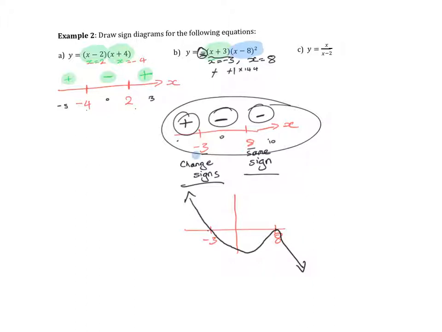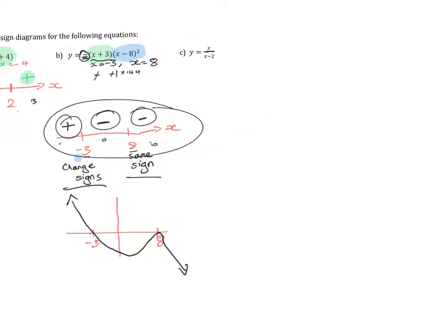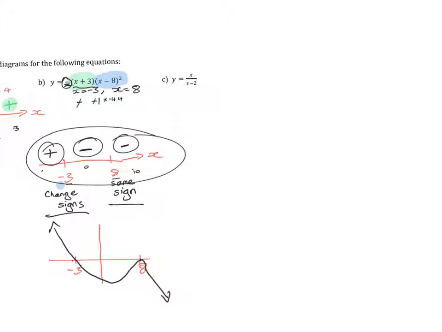Anyway, part C. I might rewrite it down the bottom here because I'm running out of room. Actually, no, I can go over here. Okay. Part C. y equals x on x minus 2. Now, let's take a moment. What are the x-intercepts? In other words, when does y equal 0?